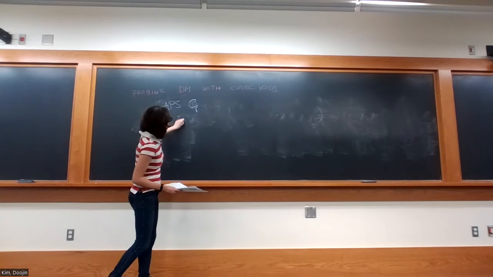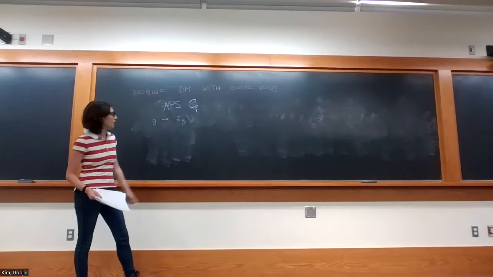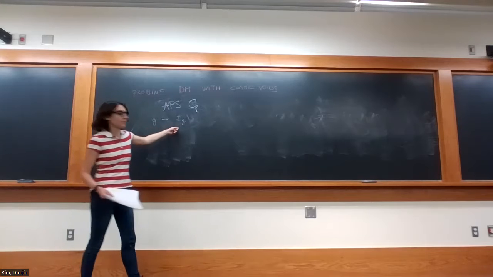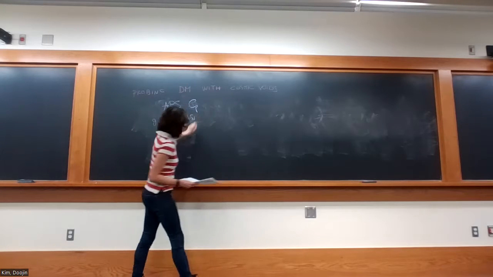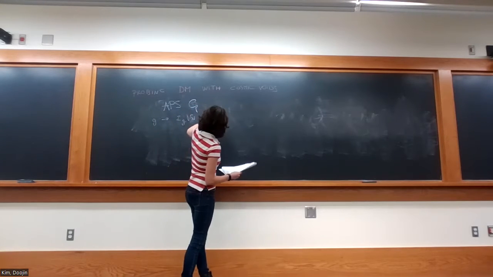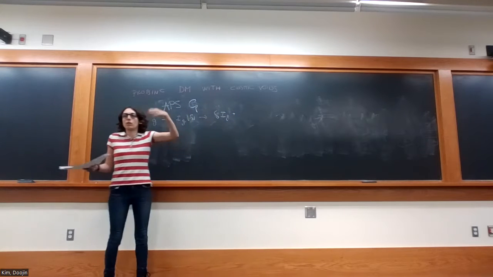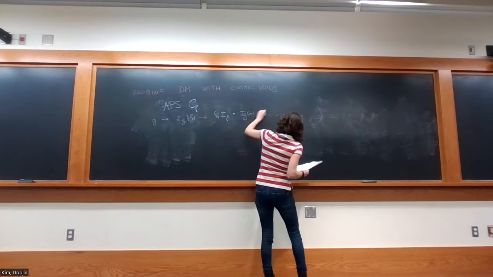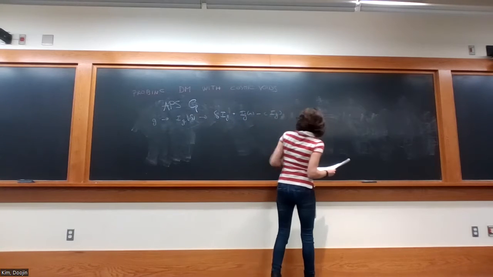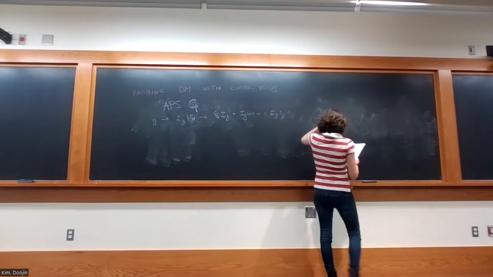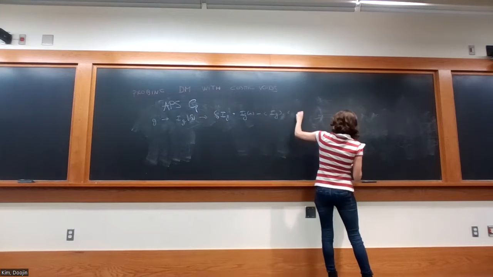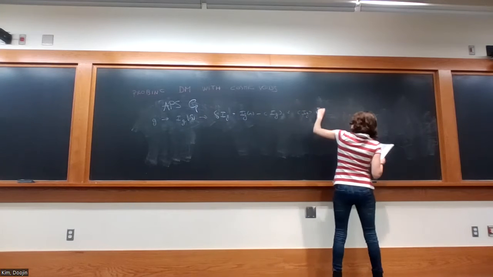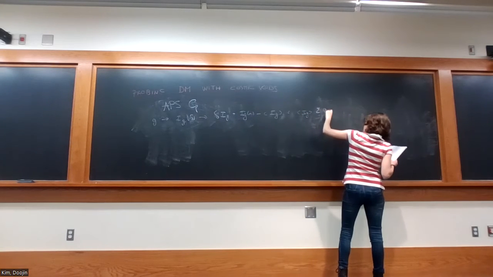You can always associate to a density field an intensity. So we have an intensity in a certain direction, and you can always talk about intensity fluctuations, the intensity fluctuation of your density field minus your average intensity. And now you can always write this in terms of spherical harmonics. Mathematically, you can do that.